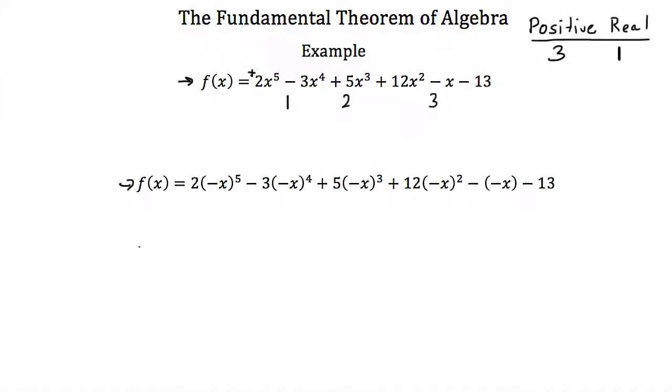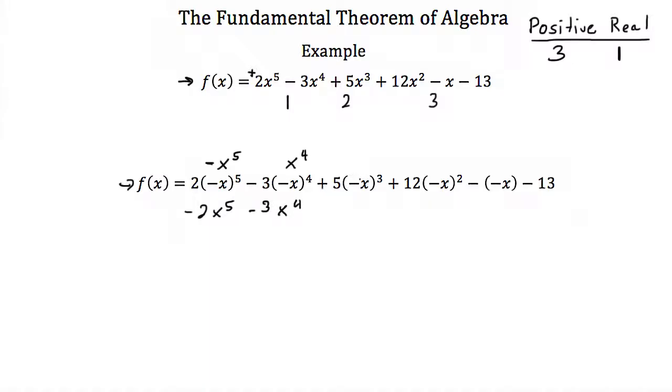If we simplify this, negative x to the 5th is a negative x to the 5th. So then this would become a negative 2x to the 5th. A negative x to the 4th is just x to the 4th. The 4th gets rid of our negative. So this becomes a negative 3x to the 4th.